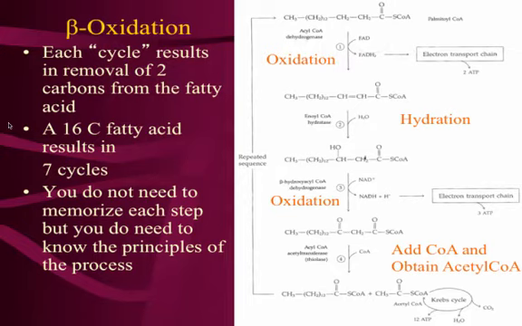Are those 2 enzymes on the membrane, or does that happen in the cytosol? The enzyme that's activating it is in the cytosol. Carnitine acyltransferase 1 and 2 are on the mitochondrial inner membrane.